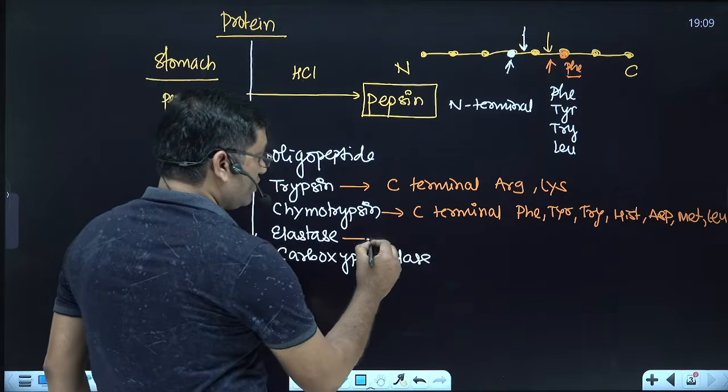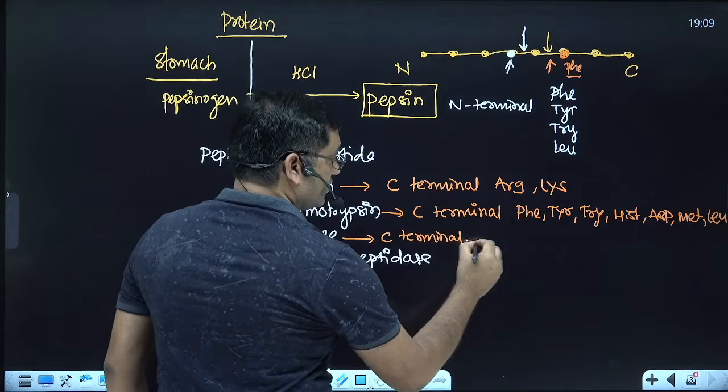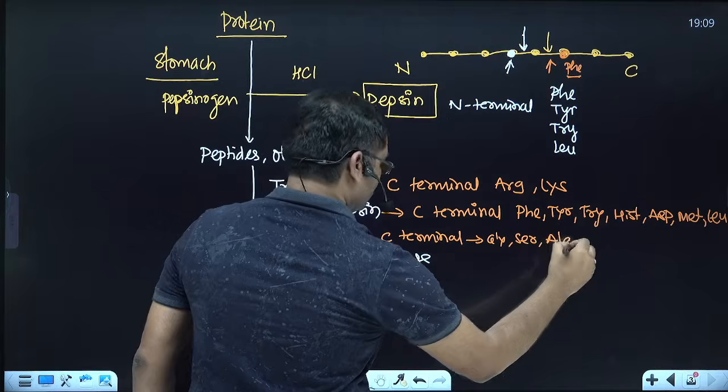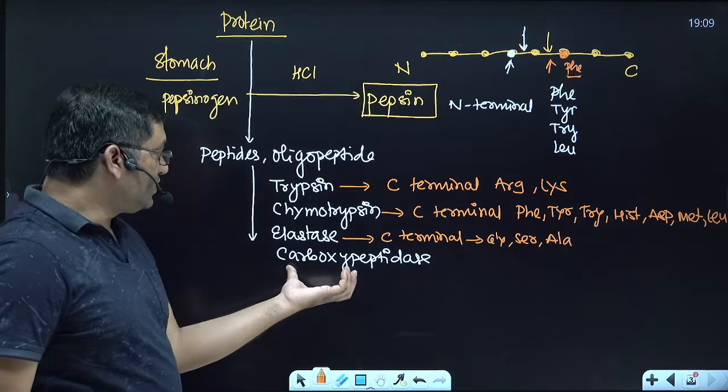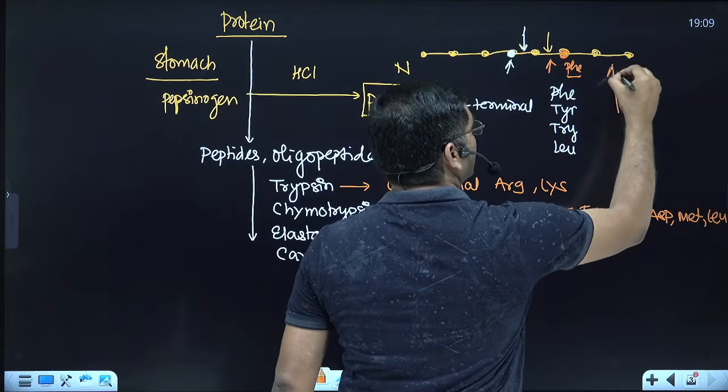Elastase will act on the carboxyl terminal glycine, serine, alanine, and carboxypeptidase will act on this carboxyl terminal exopeptidase.